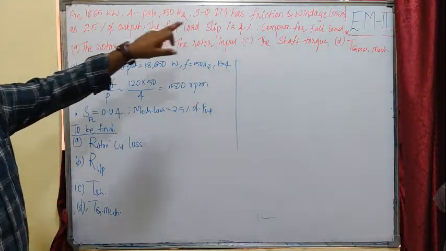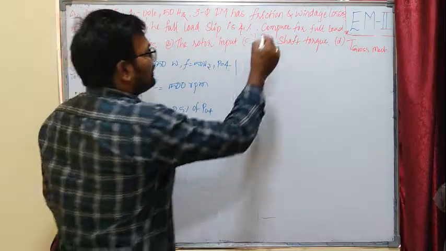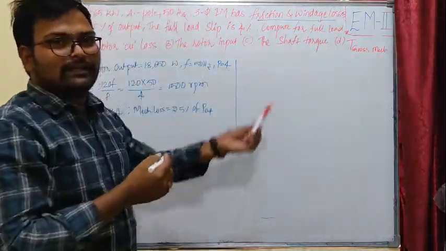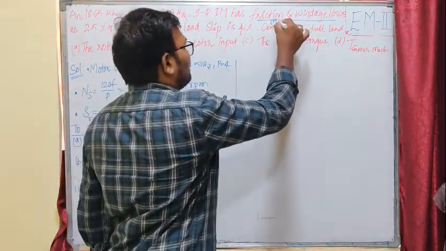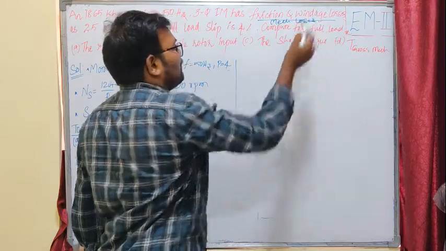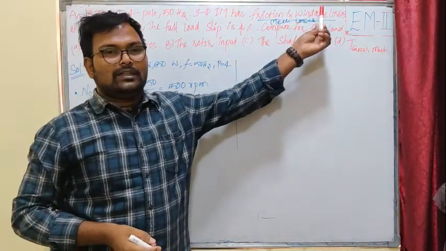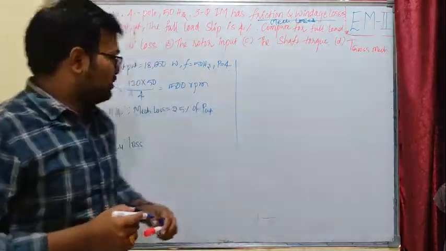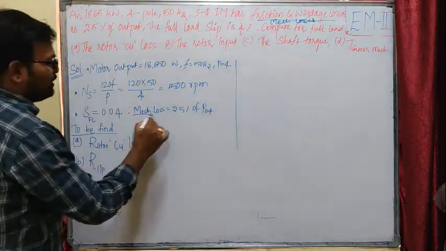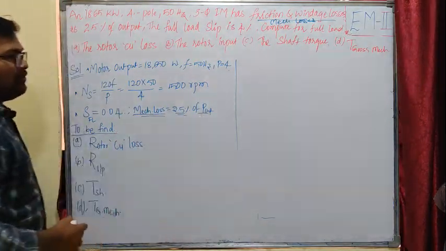The friction and windage losses of our induction motor are nothing but mechanical losses of the machine, the rotor mechanical losses. They are 2.5% of the power output.